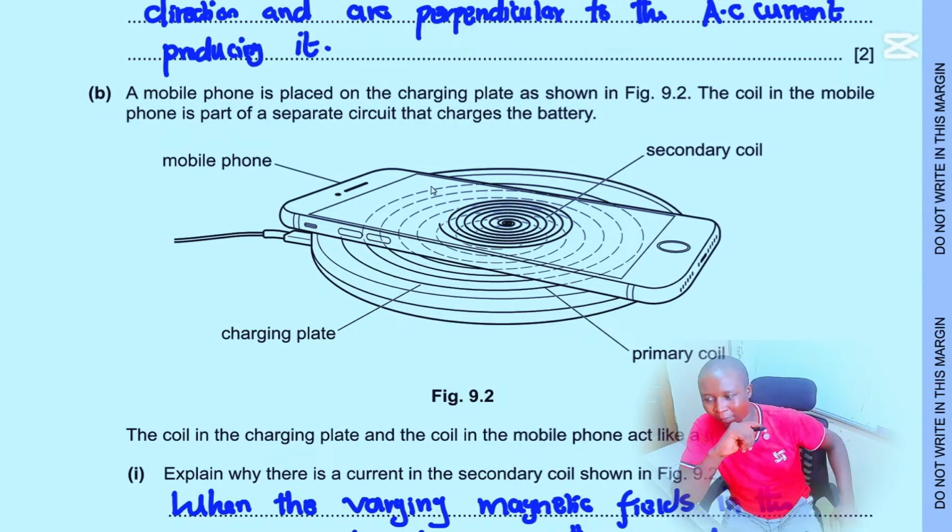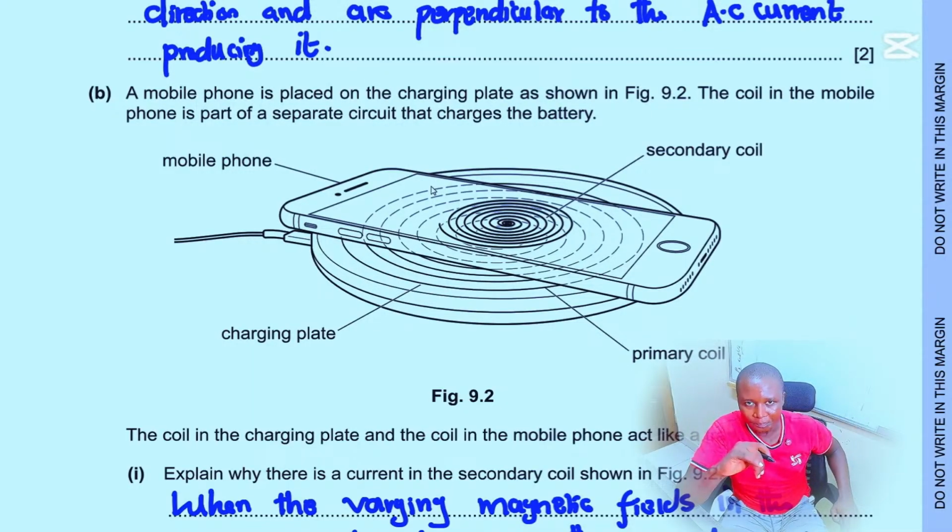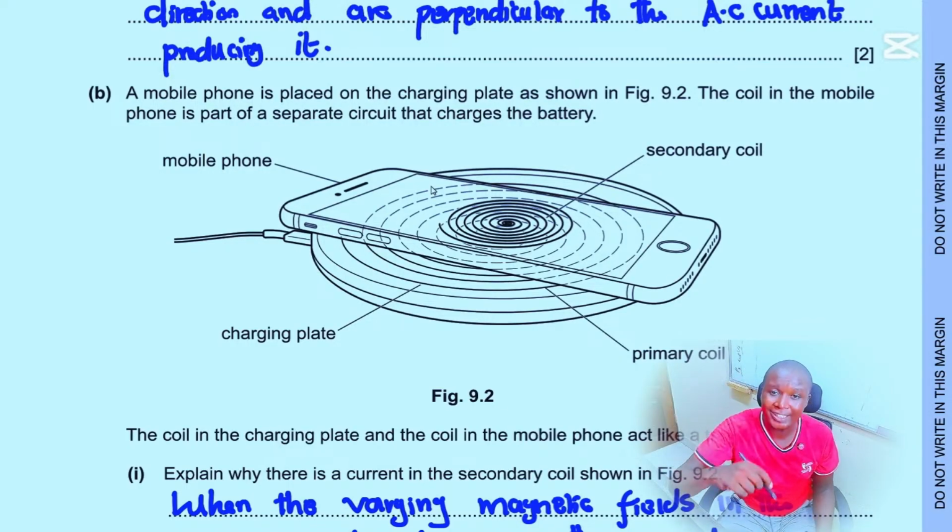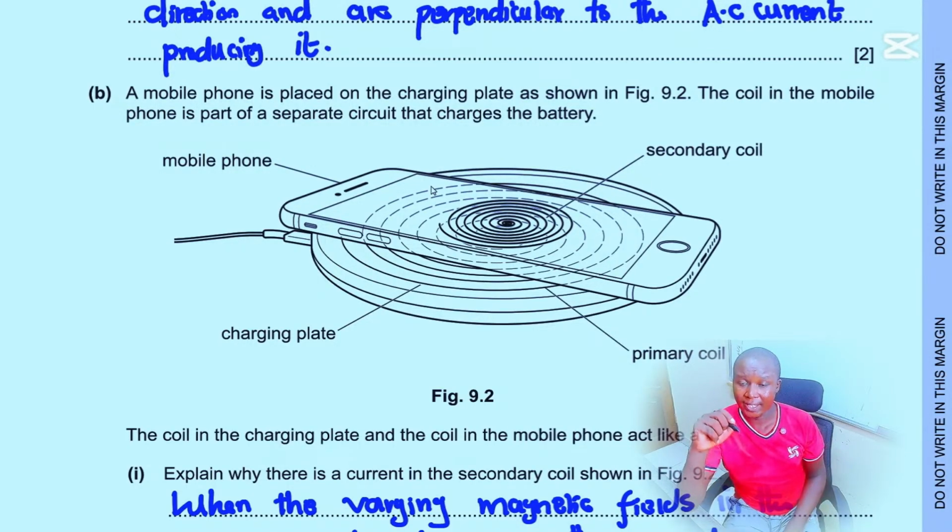When current flows through the primary coil, magnetic fields will be created around that primary coil. When these magnetic fields, which are constantly changing size and direction, are created, they will cut across the secondary coil, inducing an EMF through electromagnetic induction in the secondary coil.